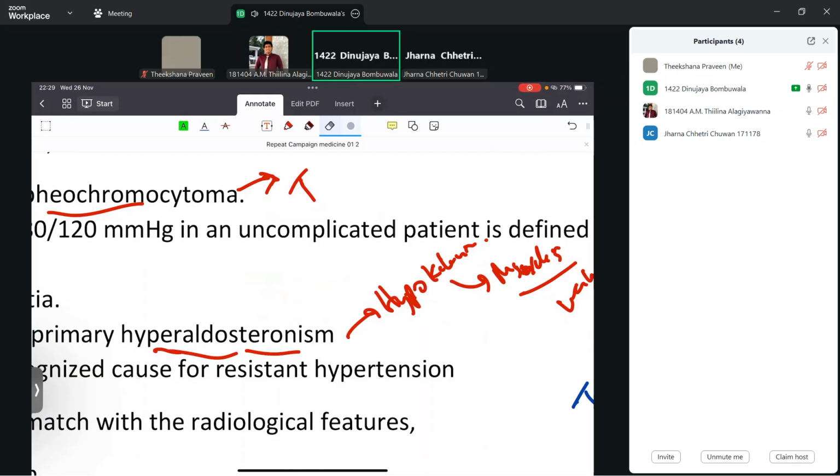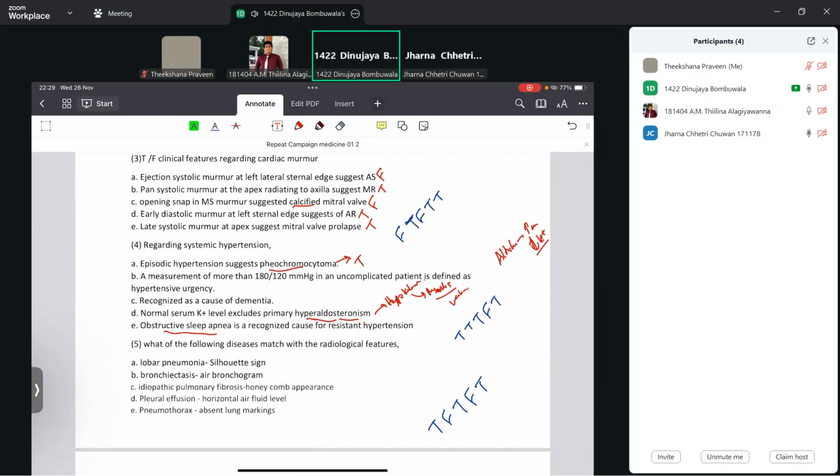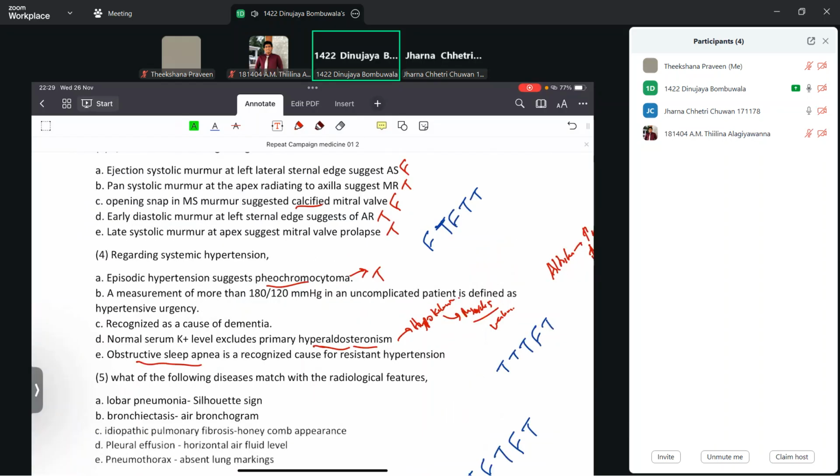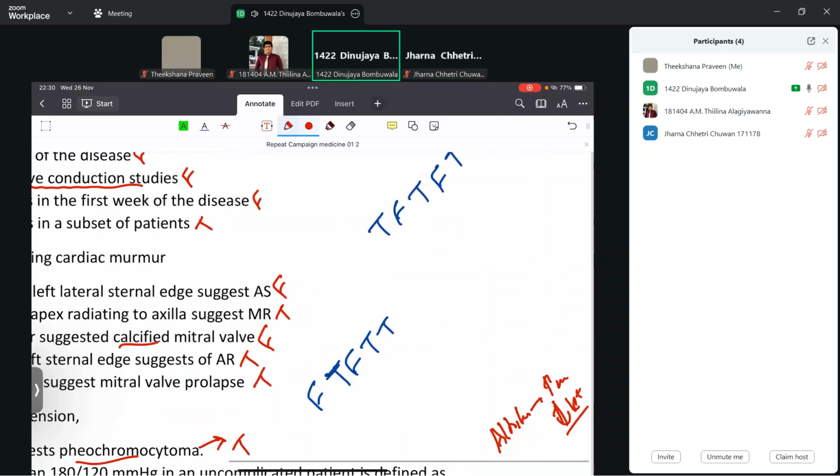And obstructive sleep apnea, we know it can cause hypertension due to the episodic respiratory stress. The other one is hypertensive urgency and emergency; there are two.